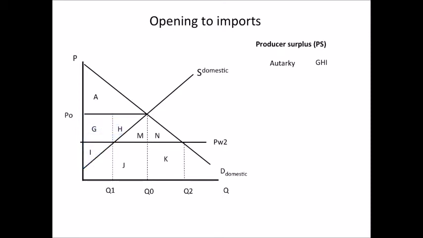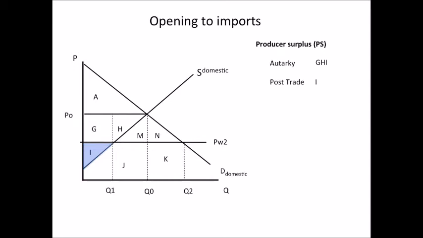If you have a reduction in price to PW2 because of the international competition, you're going to have a smaller producer surplus, area I. In other words, the producer surplus will fall as the price falls and the quantity produced gets scaled back.